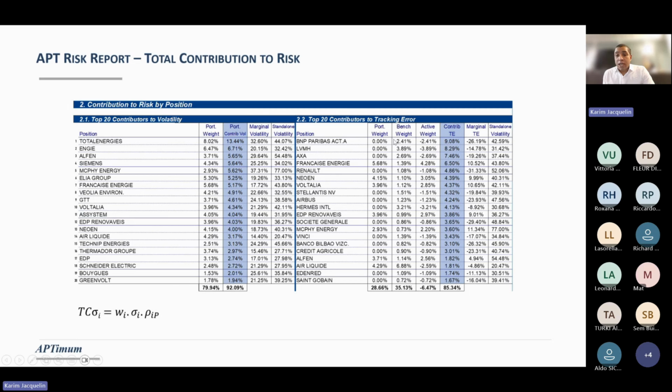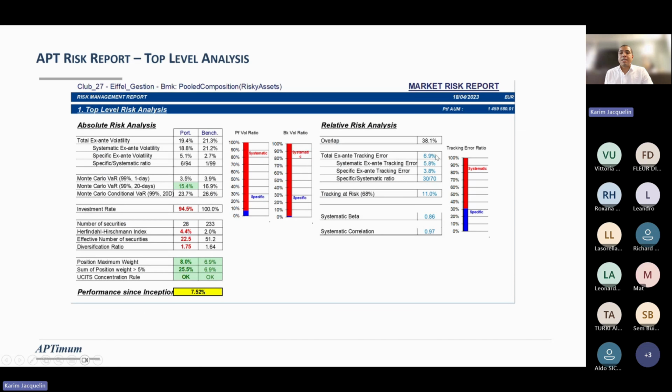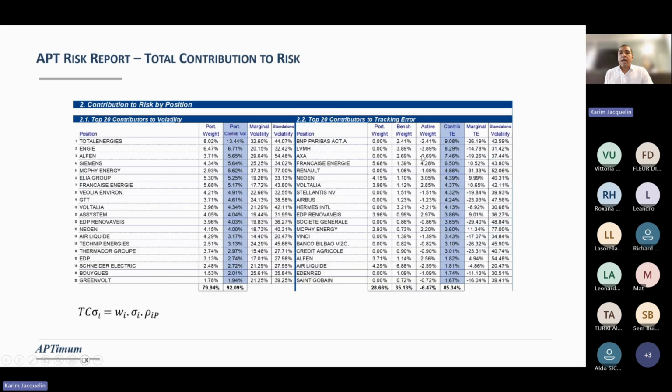You can also decompose the contribution to tracking error to understand where your relative risk comes from. In this case, you remember the tracking error was 6.9%. 9% of this tracking error comes from the fact that the portfolio is not invested in BNP Paribas. 8% of the tracking error comes from the fact that the portfolio is not invested in LVMH, AXA, and so on.